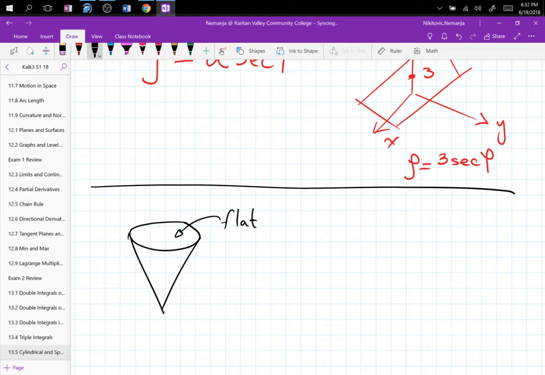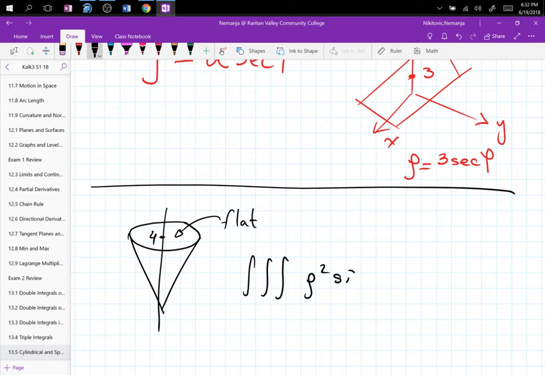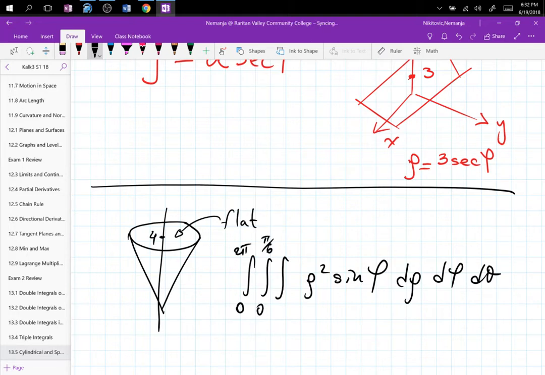Our integral is going to be rho squared sine phi d rho d phi d theta, with theta from 0 to 2 pi, phi from 0 to pi over 6, and rho from 0 to 4 secant phi.